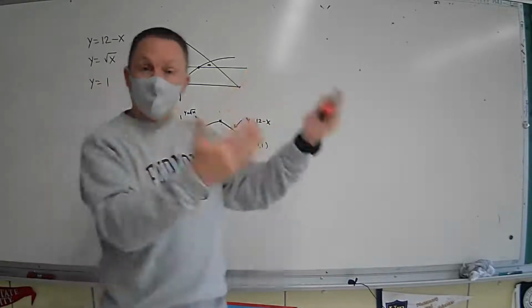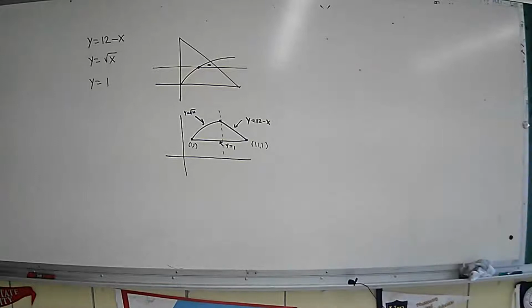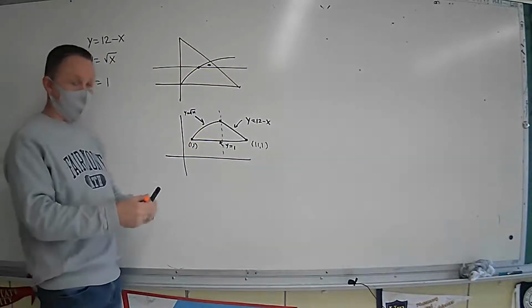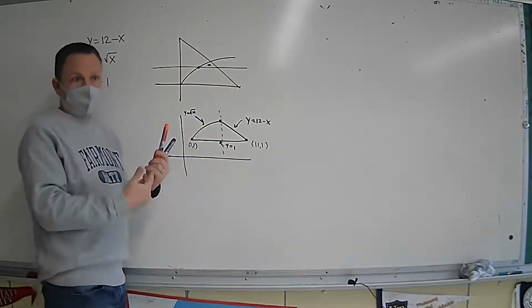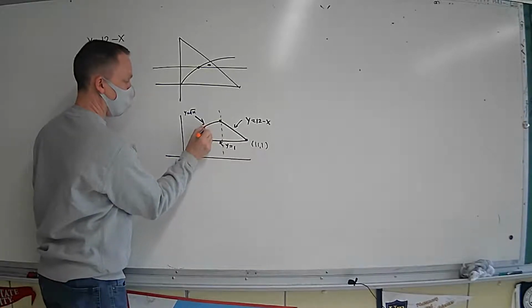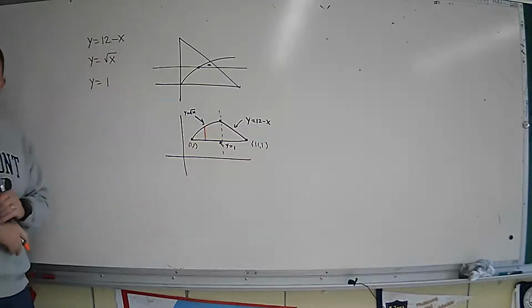But the next thing that we're getting ready to start, it's actually going to be helpful for you to think about that. When you ask that question to yourself and answer it, would it be smart to do this with respect to x or y? Think about drawing that rectangle.